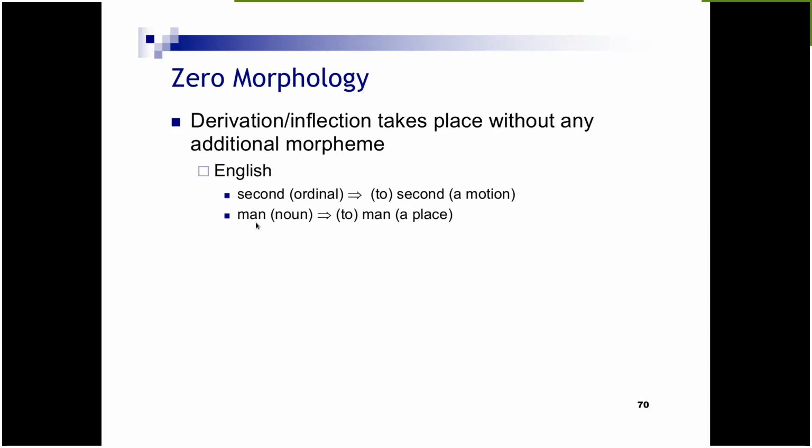Or you have a noun like a man, and then you make it a verb, to man something. So this is a morphological process that does not involve any change to the spelling or to the structure of the word as you see it. So it gets a different meaning without any apparent change to the actual word.